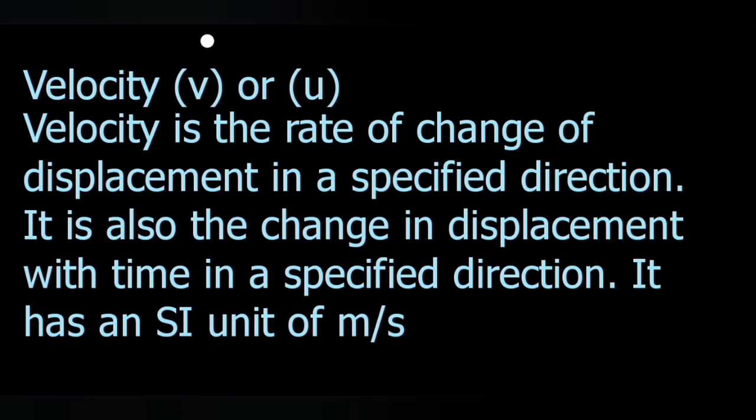It is also defined as a change in displacement with time in a specified direction. It has an SI unit of meter per second. It should be stated here that velocity is a vector quantity, and as such, it has magnitude as well as direction.